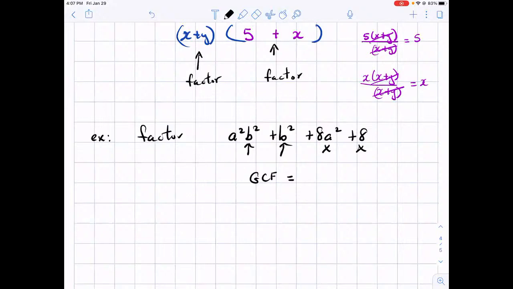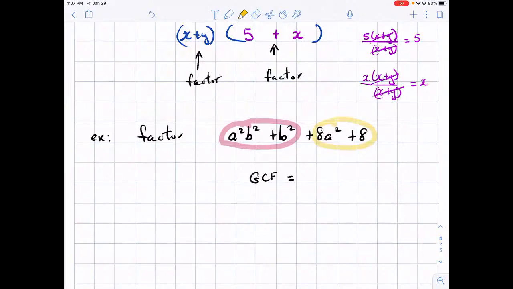Okay. So what do we do? Well, if you notice here, and here's a little hint, this polynomial has 4 terms. And if you look at this, the first two terms have something in common. And the last 2 terms also have something in common.